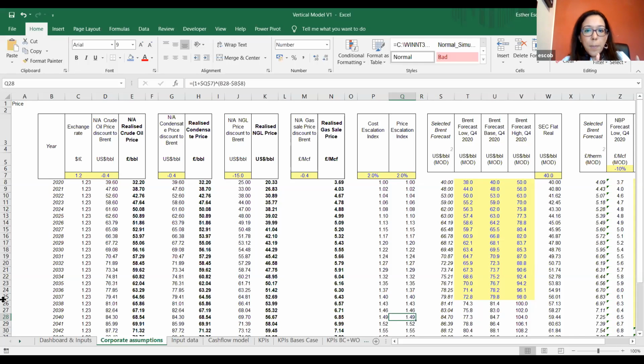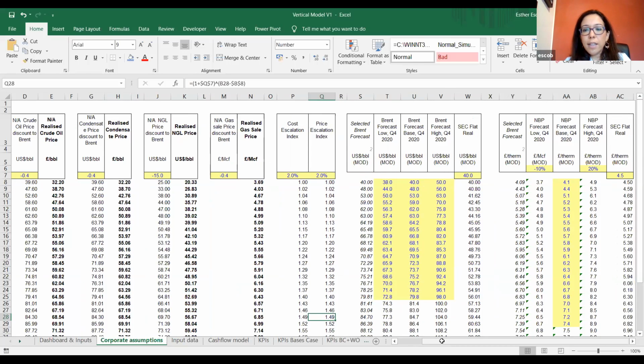So Brent is a crude oil, but because it's North Sea, there are many gas fields, and gas fields are related with one specific benchmark, which is the National Balance Point.